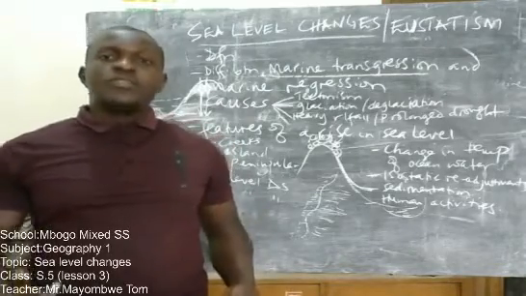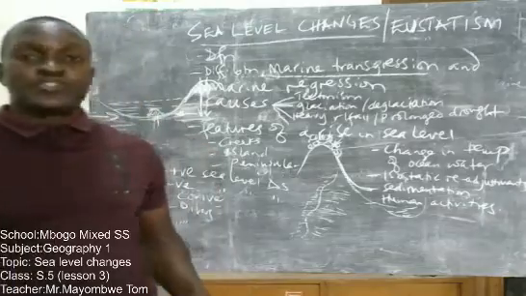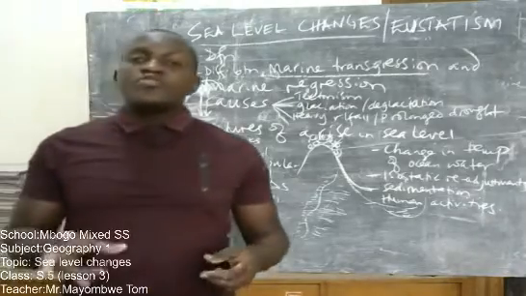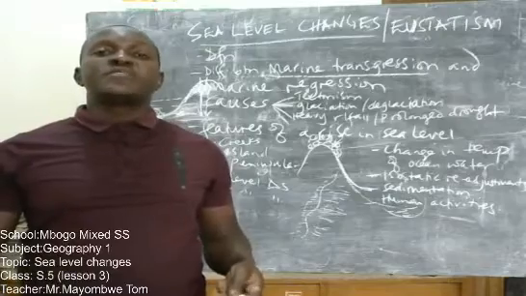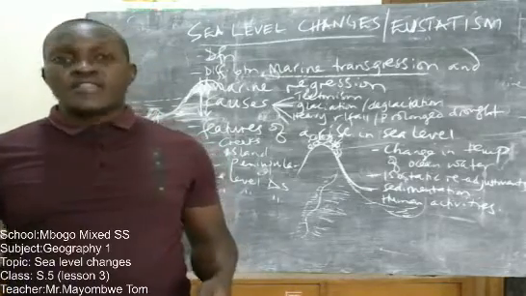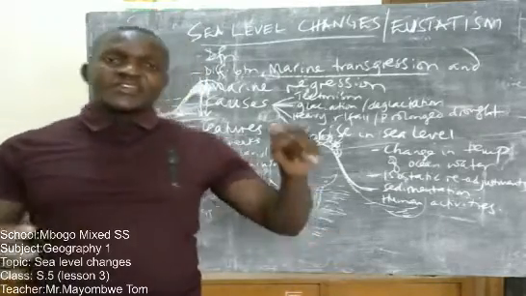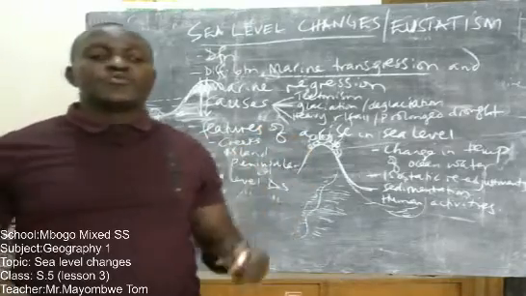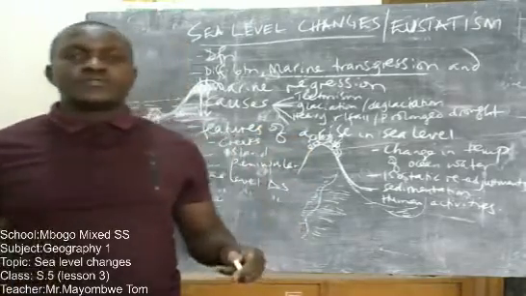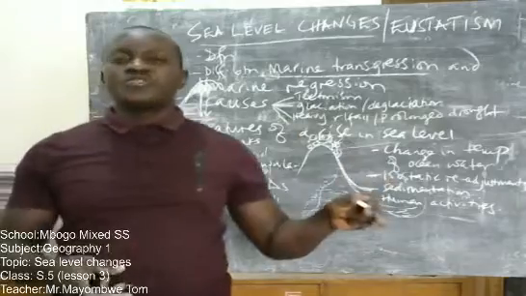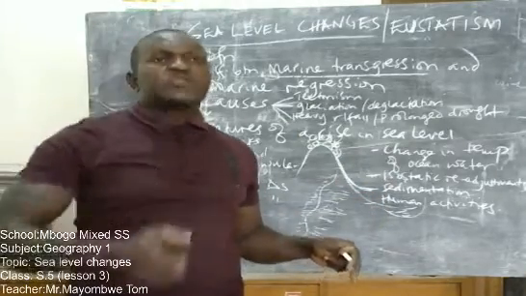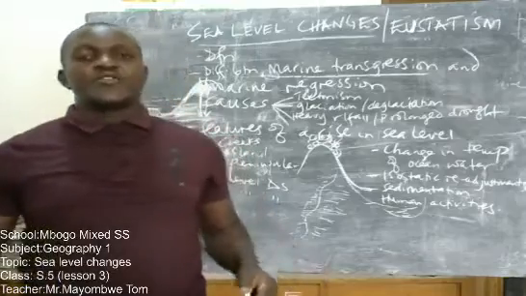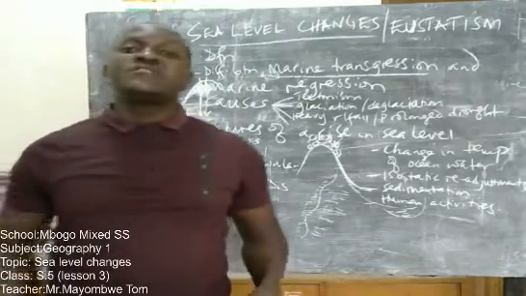However, when there is a decrease in the temperature of the ocean water, the water molecules contract, and as they contract, then it brings about a fall in the sea level. So as we're explaining the change in the temperature of the ocean water, you talk about an increase in the temperature of the ocean water due to increased heating or insolation from the sun, or due to volcanic activities below the ocean.